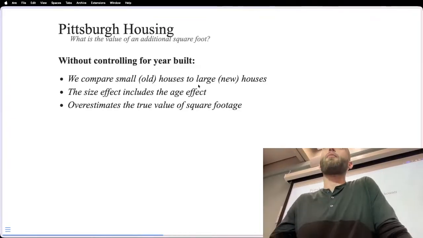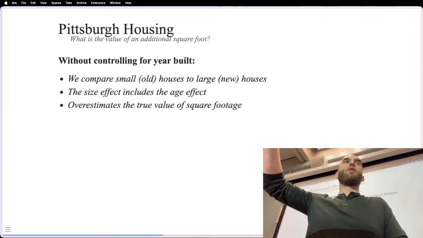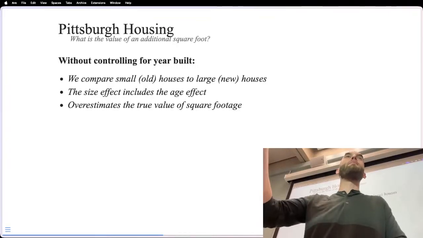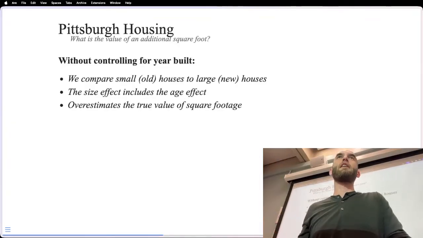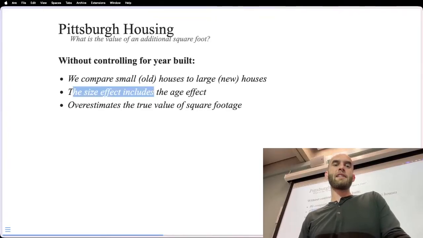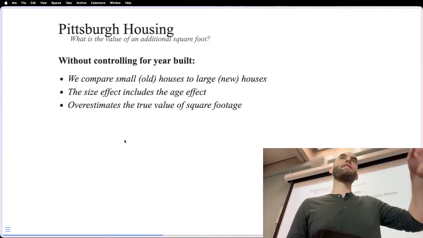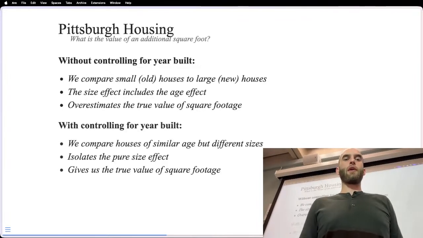We know that newer houses are bigger. So when we look at the extra value associated with a larger house, it could come simply because the larger house was built in a newer year. So we're baking some other related variable into our estimate. The effect of the increase in age impacts our size estimate. That's the core idea, which in this case I would expect would overestimate the value of an additional square foot.